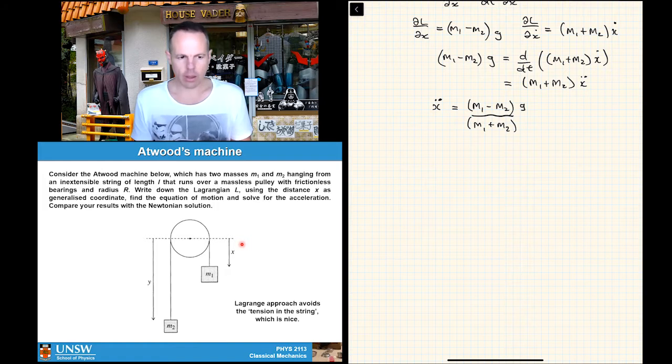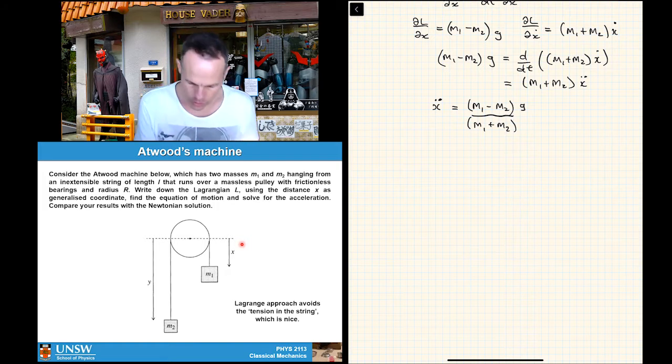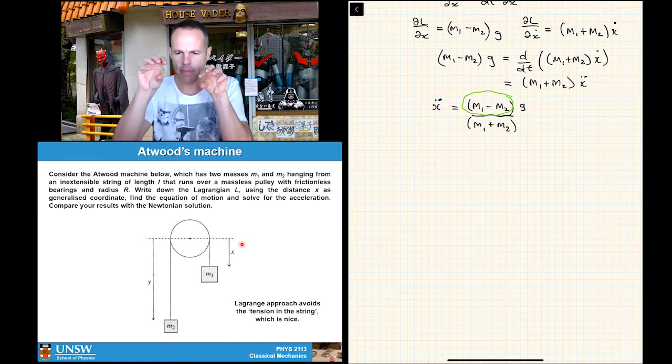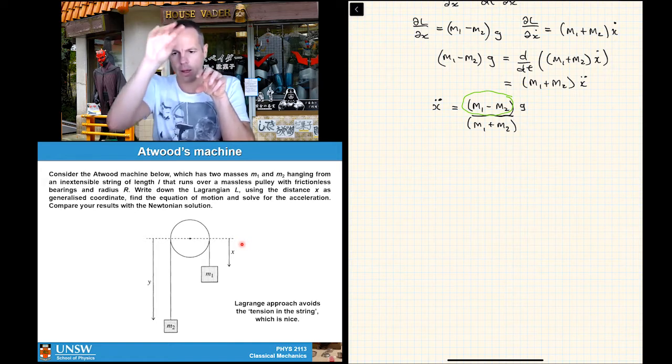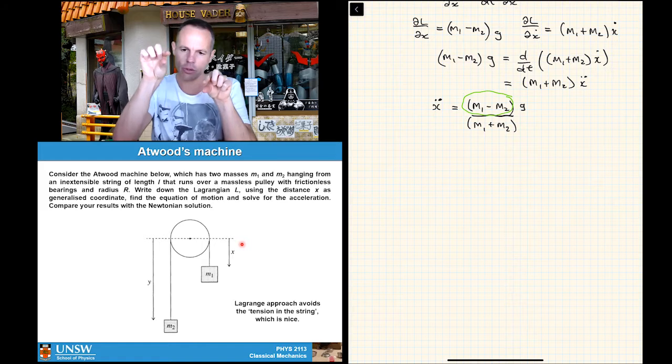The reason why we like to teach you about Atwood's machine is because it was one of the early ways of measuring the acceleration due to gravity, right? Because if you look at this equation for a moment, this term at the top is m1 minus m2, and if you make m1 very similar to m2 but not quite exactly the same, that becomes small, and so your pulley essentially down converts your acceleration due to gravity to a more manageable acceleration that you can actually measure.